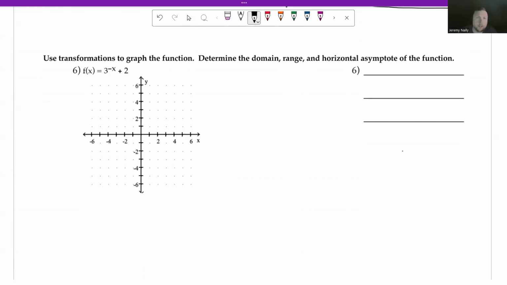Okay, use transformations to graph the function, determine the domain, range, and horizontal asymptote of the function. So we start with y equals 3 to the x. Then it's going to have (0, 1), (1, 3), and (-1, 1/3). And I'm just going to do that as a dashed line.